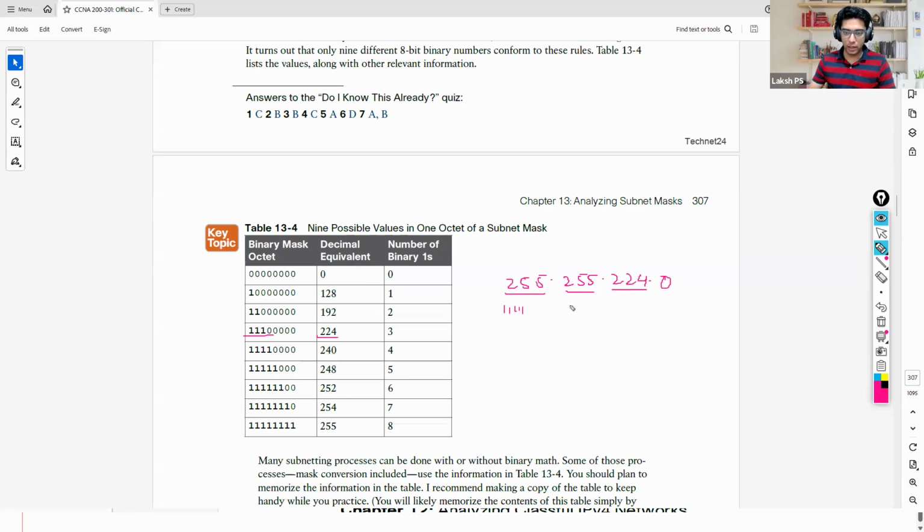For a networking device, all the ones correspond to the network part and all the zeros correspond to the host part. That is why they are very strategically chosen numbers. Clear? Any question?